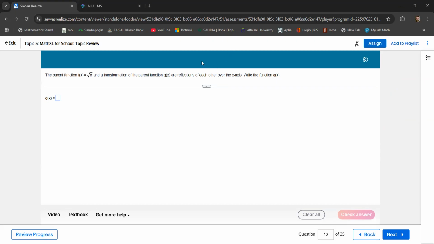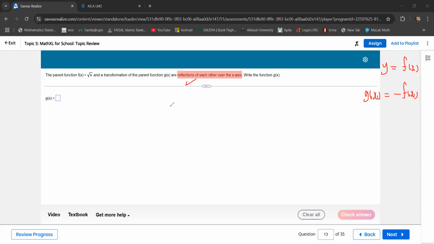So to show that this is a reflection on the x-axis, we have mentioned before that if y equals f of x, and the new function g of x is negative f of x, this will be the reflection on the x-axis.